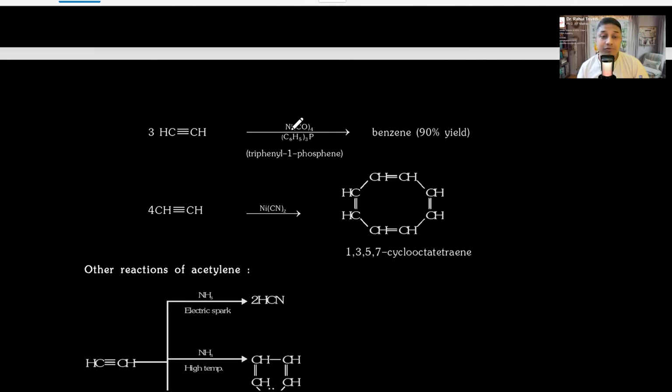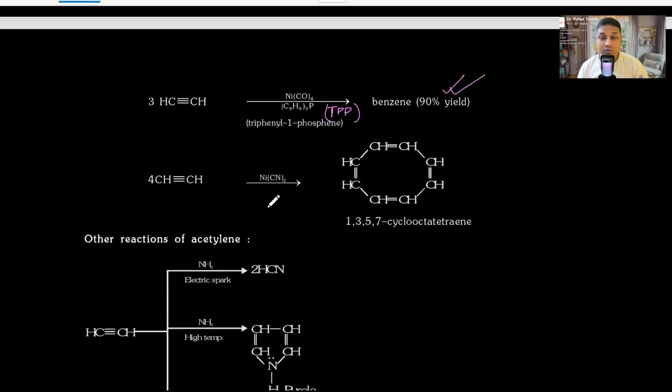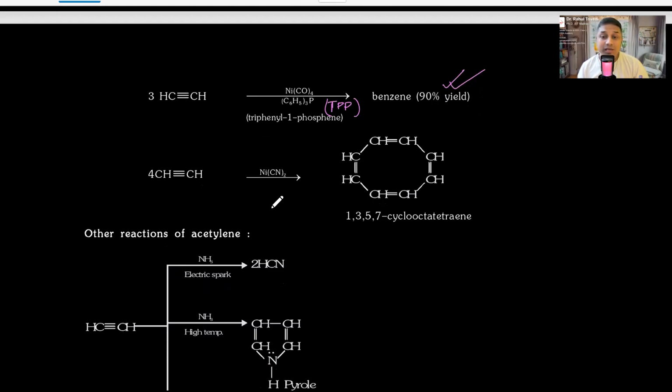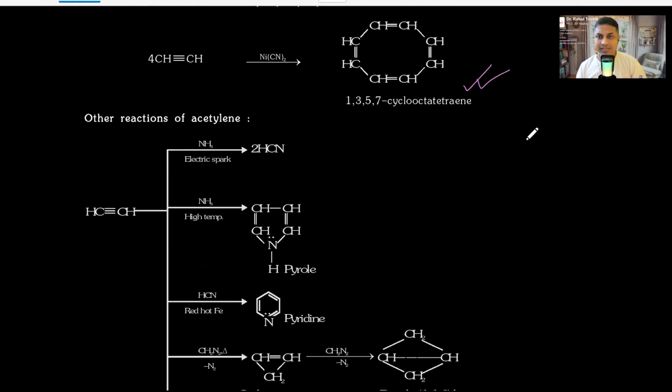If you react nickel carbon monoxide along with triphenyl phosphine, TPP in short, in the presence of TPP, again benzene will form, with 90% yield. If you use 4 of them and Ni in the presence of Ni(CN)2, this time you will have cyclooctatetraene. Good.